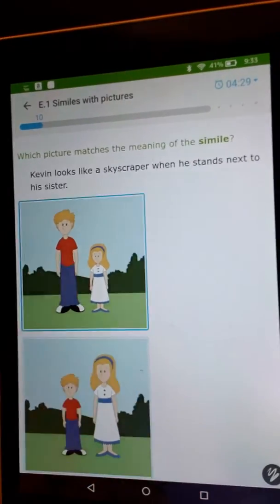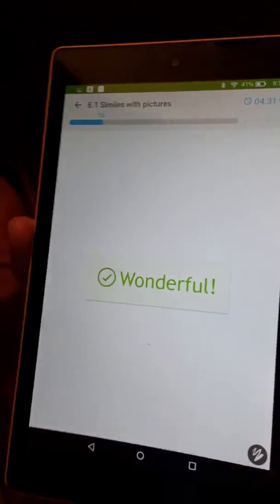And again, the student would pick the one they felt was appropriate. The other beautiful thing about IXL is the fact that it is also an audio. So these children who can't read themselves can click on the sound bar and it's going to read it for them, which is wonderful.